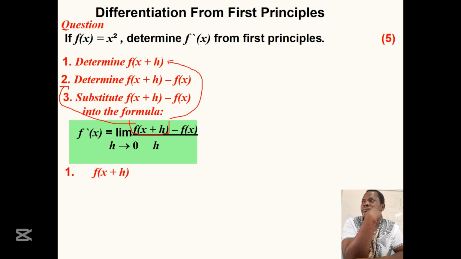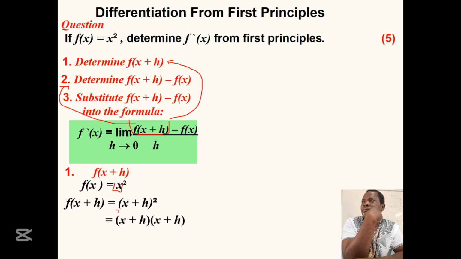Number one, I want to find the value of f of x plus h. What it means is that in place of x, remove this x and substitute with x plus h, such that x squared becomes x plus h, then squared. After that, you simplify. This is definitely the FOIL method.